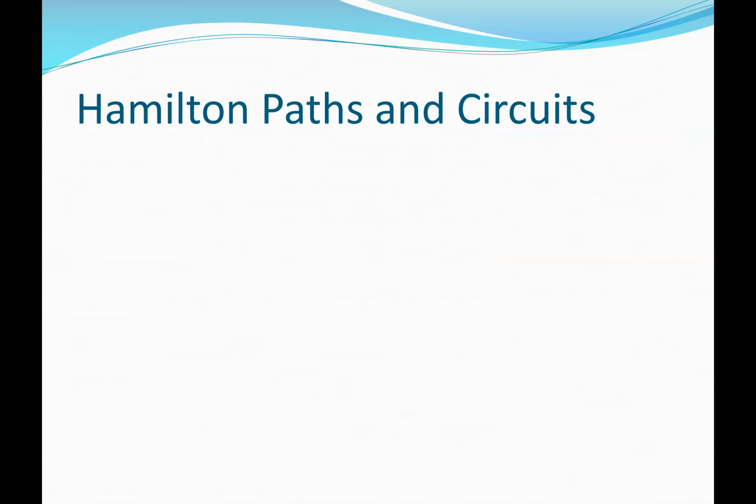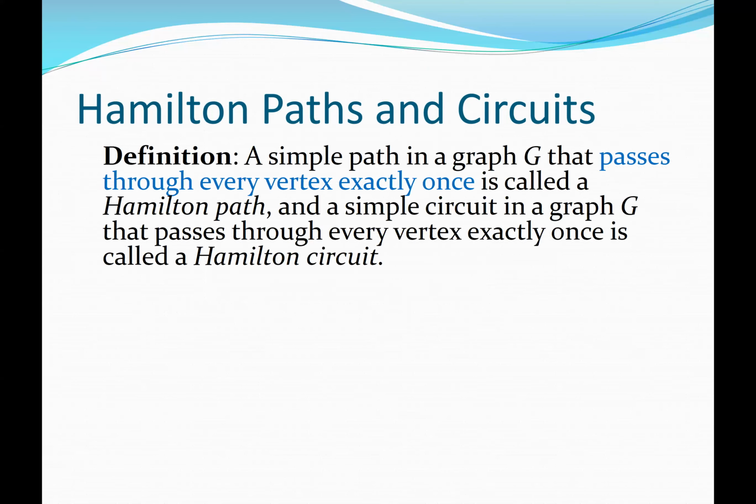Now, Hamilton paths and circuits. With an Euler circuit, we expect to travel every edge once. Now, with Hamilton, we expect to travel every vertex exactly once. That's the difference, okay? A simple path in the graph G that passes through every vertex exactly once, we have ourselves a Hamilton path.